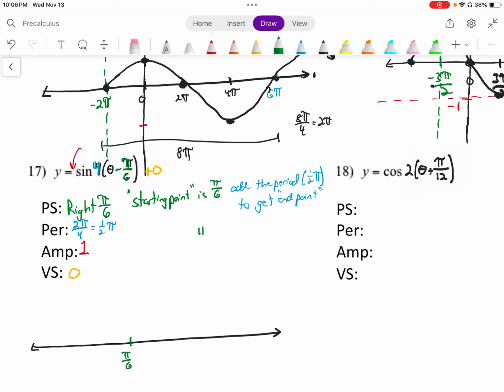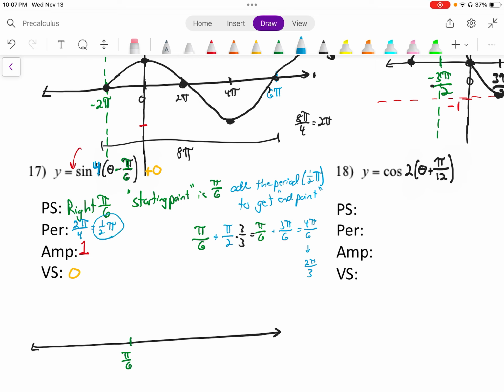We're going to take pi over 6, our starting point, plus the period of pi over 2 to get our endpoint. Well, we need a common denominator, so we need a 3 over here. So this ends up being pi over 6 plus 3 pi over 6 gives us 4 pi over 6 for our ending point, which is actually 2 pi over 3.